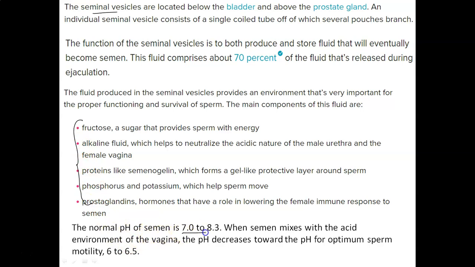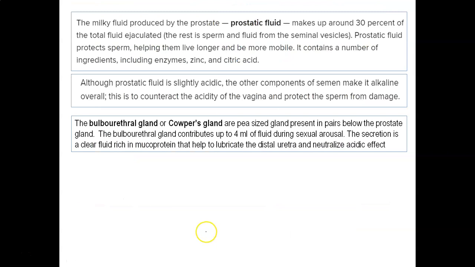The normal pH of the semen is 7 to 8.3, so that the semen can neutralize the acidic effect, because the sperms cannot survive in the acidic effect which is present in the urine. The pH of the semen is alkaline, so that it can neutralize the effect.